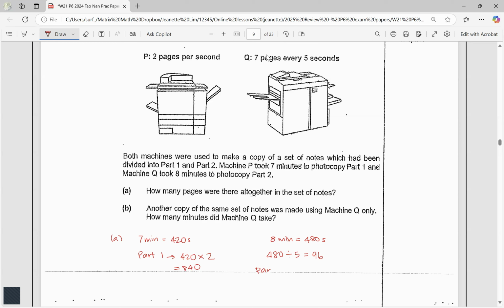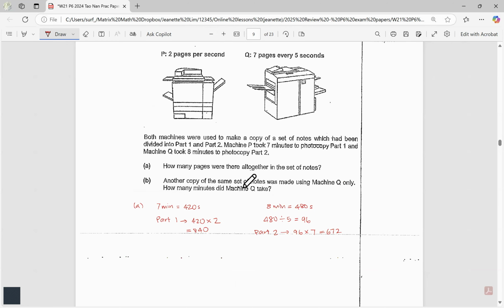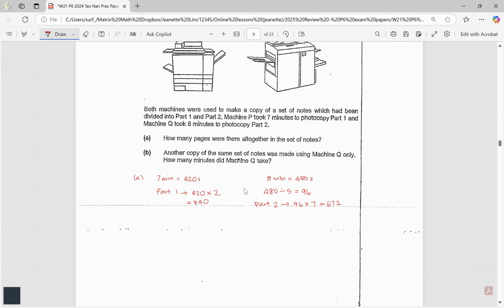So for part 2 of the notes, 96 groups of 7 pages would be 96 times 7, 672. So the total number of pages would be the sum of those 2 parts.